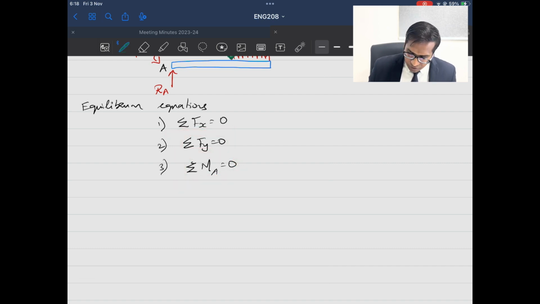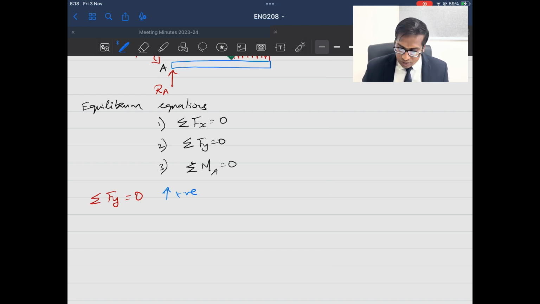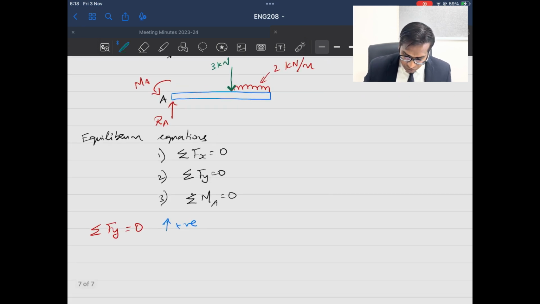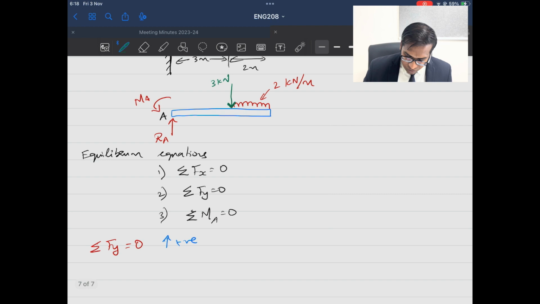If I write my first equation, summation of forces along the y direction is equal to 0. I will be considering upward forces as positive. You can consider the other way around, that is completely fine. There are only two vertical forces.